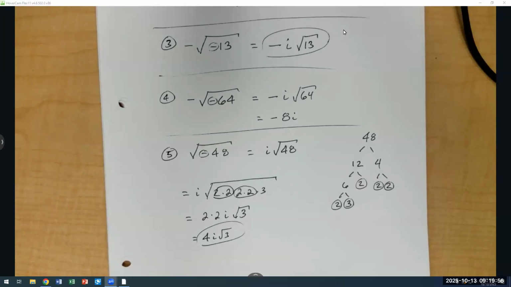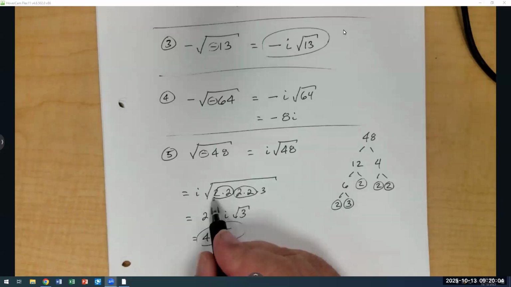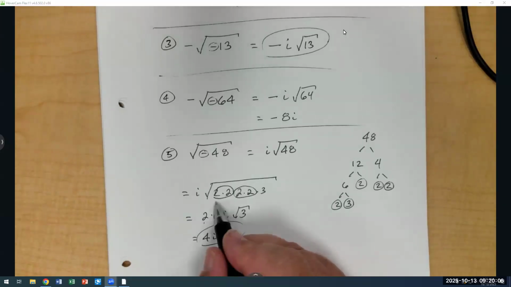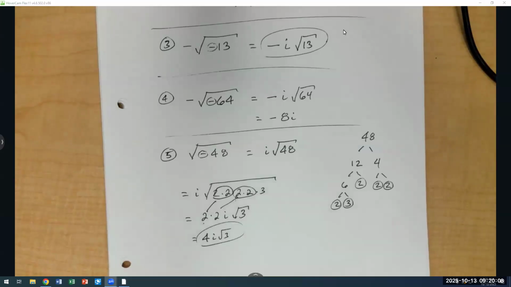Any questions so far? Yes. So radically, you have 2 times 2, 2 times 2. There's one pair, it comes out. There's another pair, it comes out. So every pair you just pull out. In the long run.